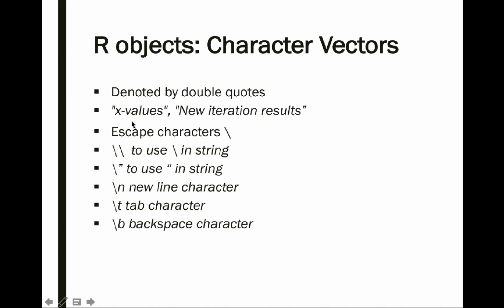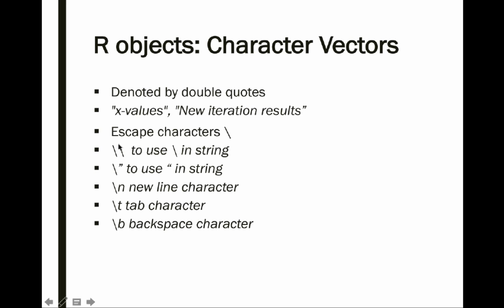A little bit more about character vectors. You use double quotes to specify where they are. You can use escape characters, right? What this means is sometimes certain characters have special meaning. To escape it from that special meaning, you can use a backslash in front of it.